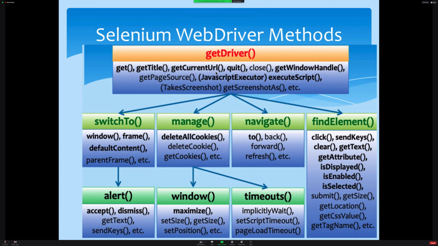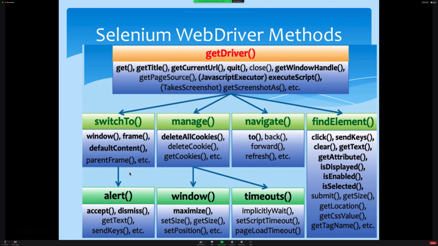Every further method has to be separated by a dot. So if we want to open our browser, we will start with getDriver dot get, and inside the parentheses we will put the URL that we want to get to, right? Same for get title, get current URL.